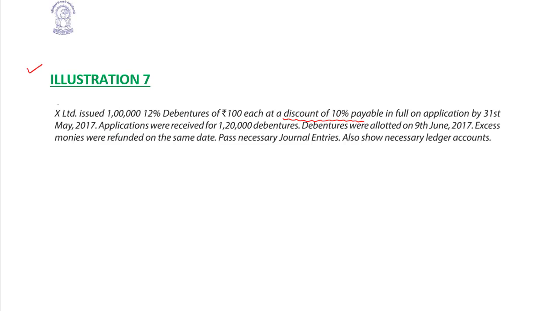Applications were received for 1,20,000 debentures. Debentures were allotted on 9th June. Excess monies were refunded on the same date. Pass necessary journal entries and show ledger accounts. Solution.